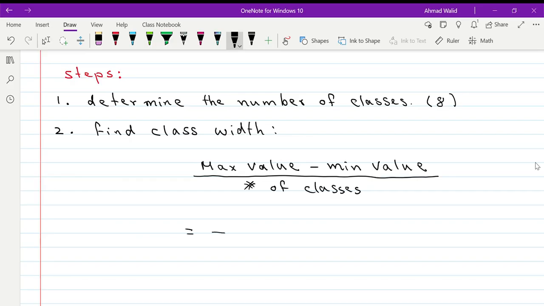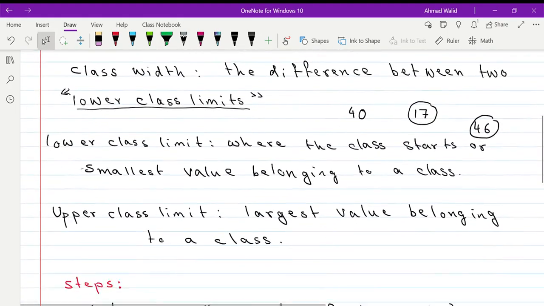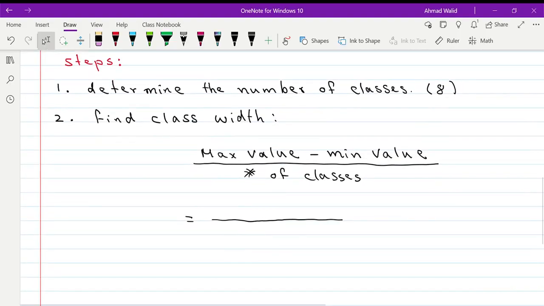For example, I talked about the students in my class and their ages, right? And I said a person is the largest number is 46, age 46 in my class, correct? 46 minus the lowest, which is 17, correct? Divide by what?